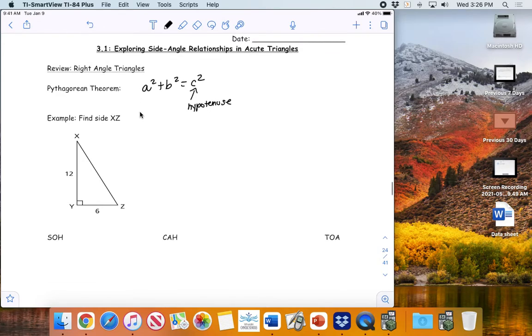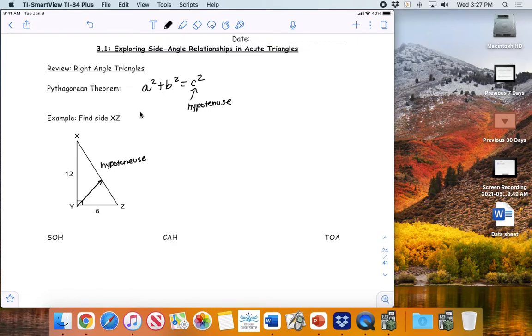Okay, so for example, they're giving us a triangle here with x, y, z. We have that the legs are 12 and 6, but we don't have the hypotenuse. So the reason we know that that's the hypotenuse is, one, it's kind of like directly across.